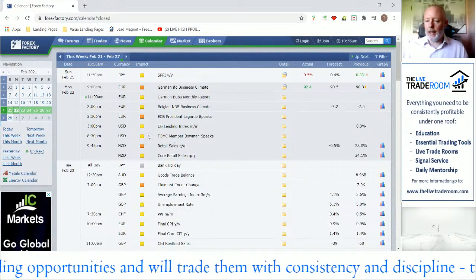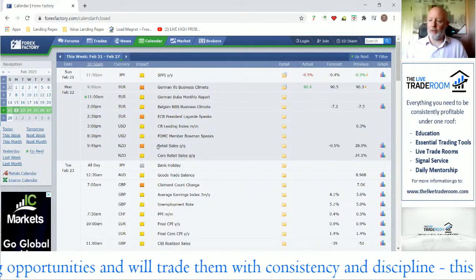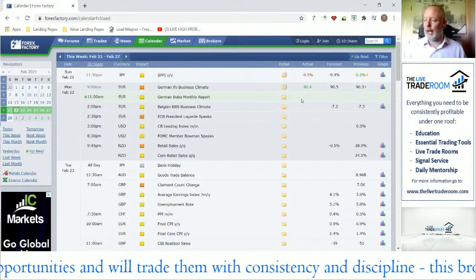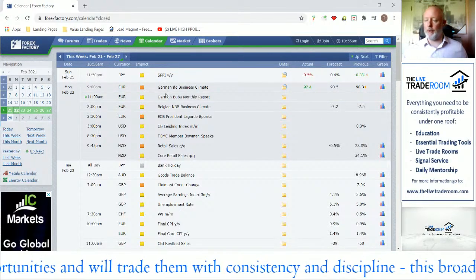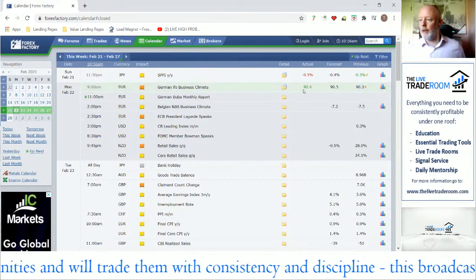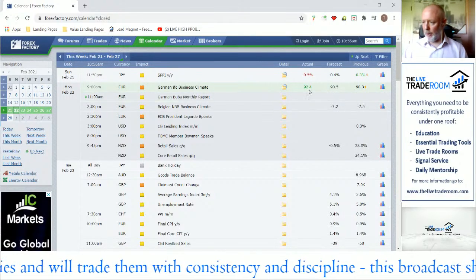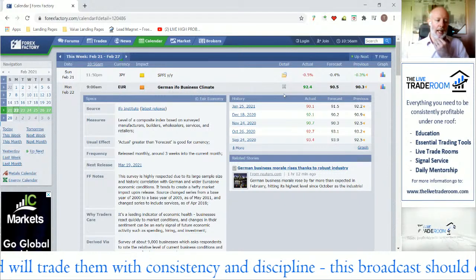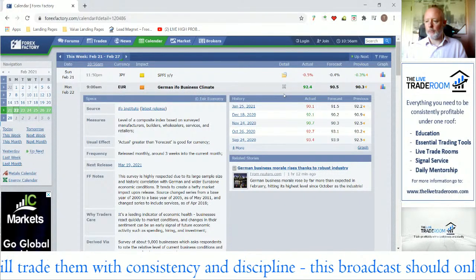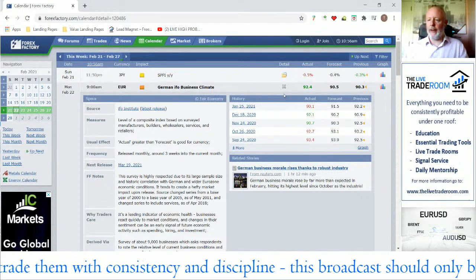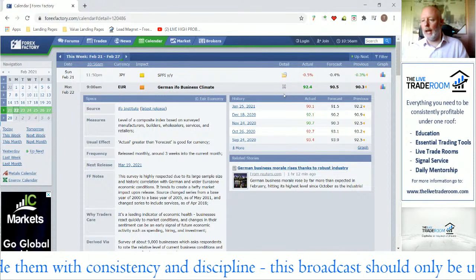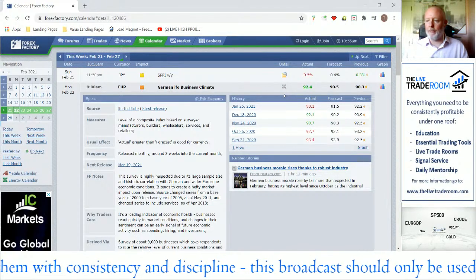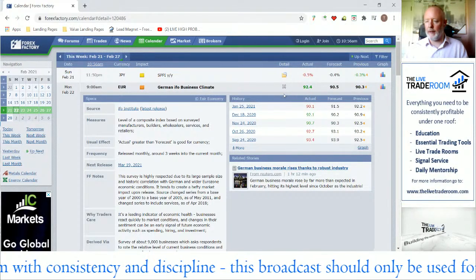Okay, you can see really there's not much else to be focused on. We had a better than expected German IFO business climate figure. We were forecast 90.5. We saw 92.4, so marginally better. This figure is actually a level of composite index based on surveyed manufacturers, builders, wholesalers, services and retailers.